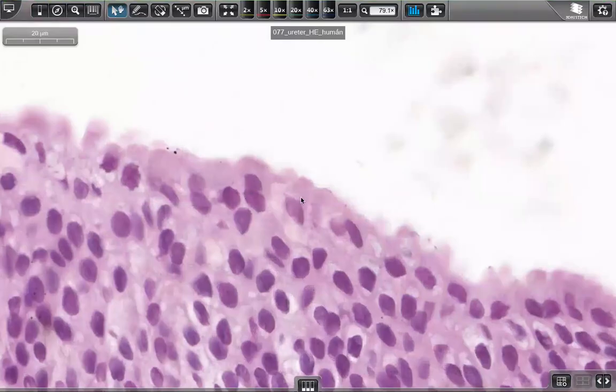You know, the umbrella cells are able to change their shape because of the cytoskeletal rearrangement, and they're able to increase the capacity of the urinary bladder. But definitely it's not just because of the umbrella cells. There is an exact function of the muscles building up the wall of the bladder.